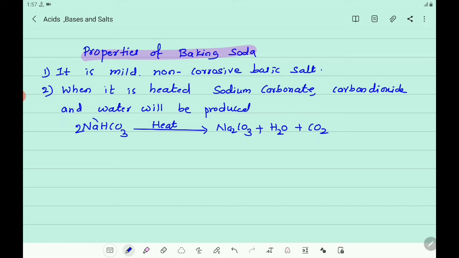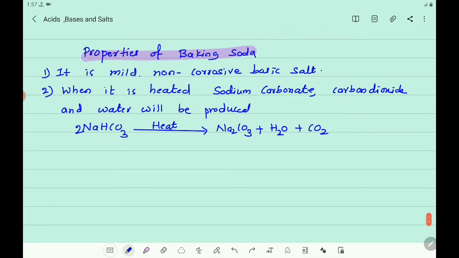Here count: 2Na balances, 2H balances, and 2C balances, and O3 into 2 is O6. O6 here, you count 3 plus 1 is 4, 4 plus 2 is 6. So you got the balanced chemical equation by taking this 2. That is the property of baking soda.